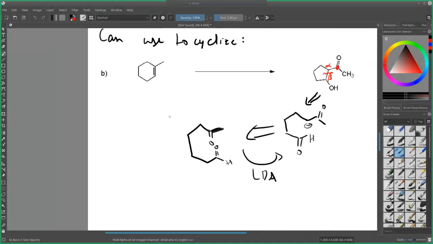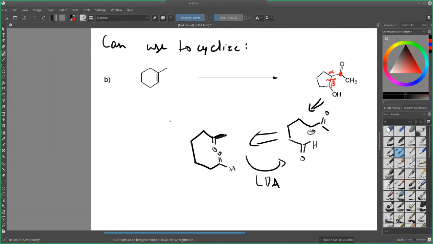And now, hopefully, at this point, we might be able to see how we get from here to here, because we have this double bond and we want to replace both sides of the double bond with a carbonyl, a ketone and an aldehyde. So what's our go-to reaction to do that? Ozonolysis. Yeah, there we go.